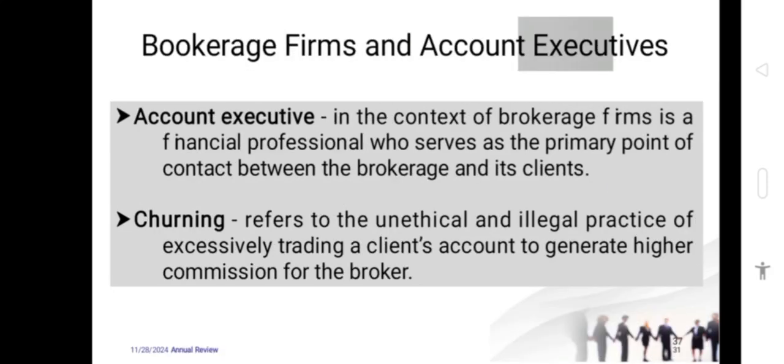Next is the account executive in brokerage firms. An account executive serves as a crucial link between a company and its clients, primarily responsible for building and maintaining strong relationships to drive business growth.